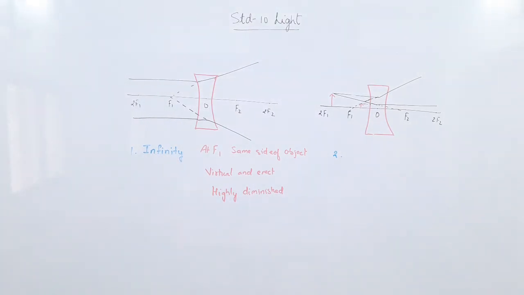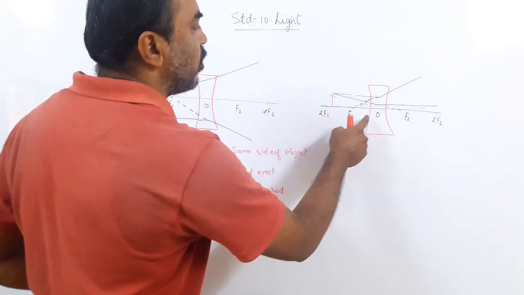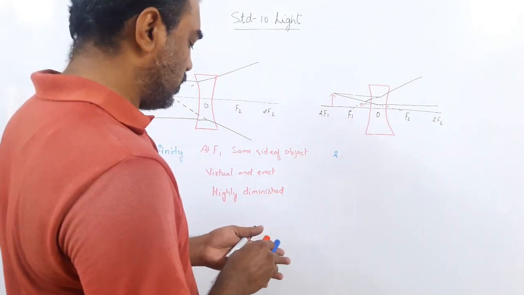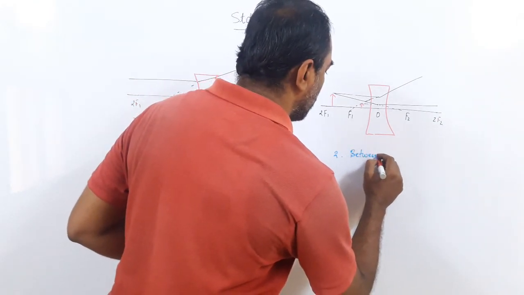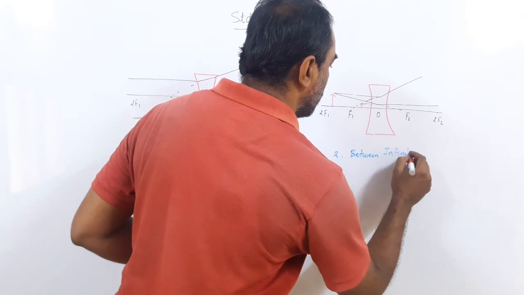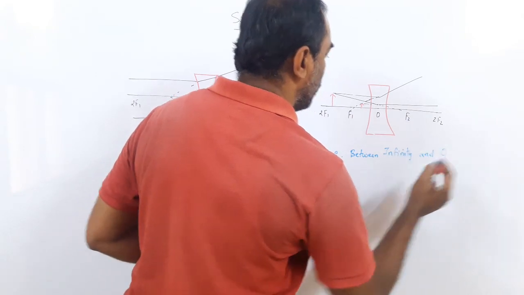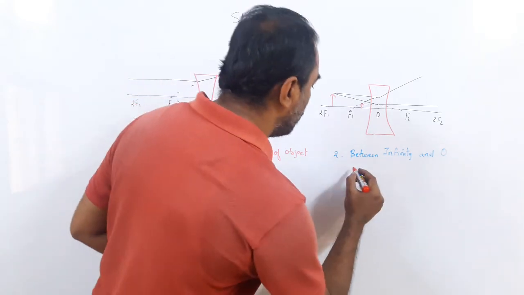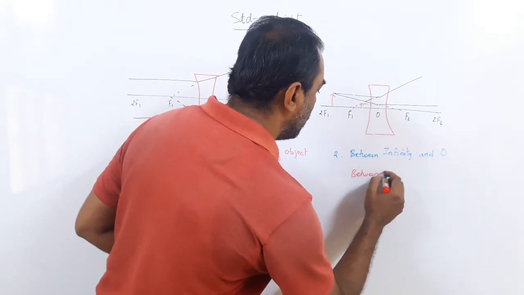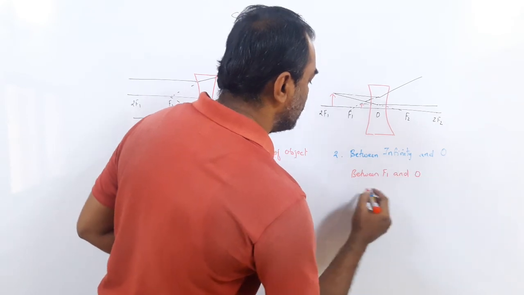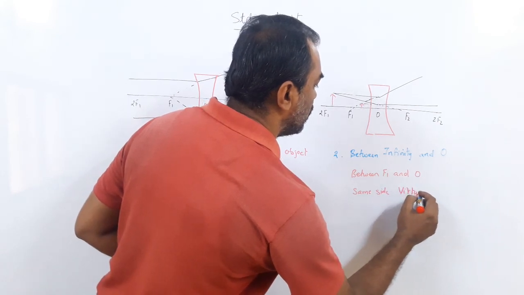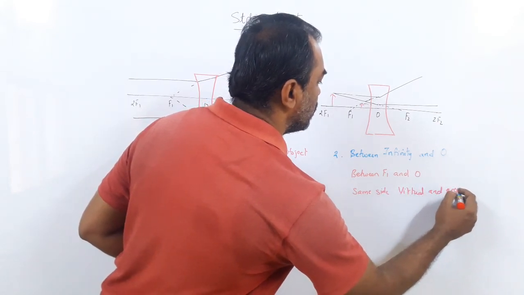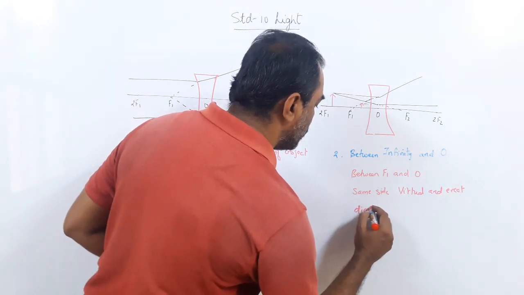The second case is what? No matter where you place the object between O and infinity, where is the image formed? Always between F1 and O, same side of object. So it is virtual and erect, but smaller in size, so diminished.